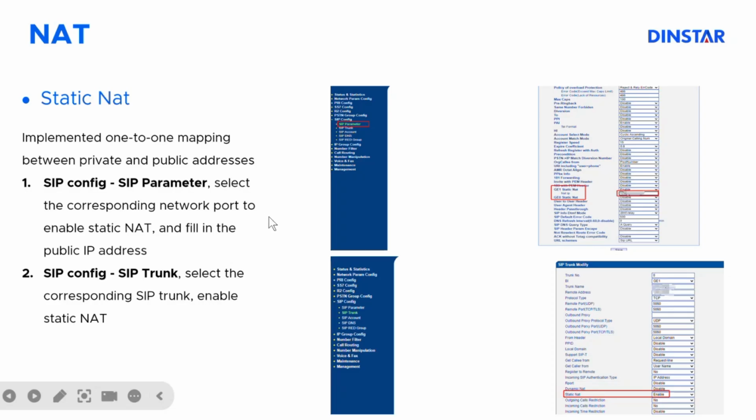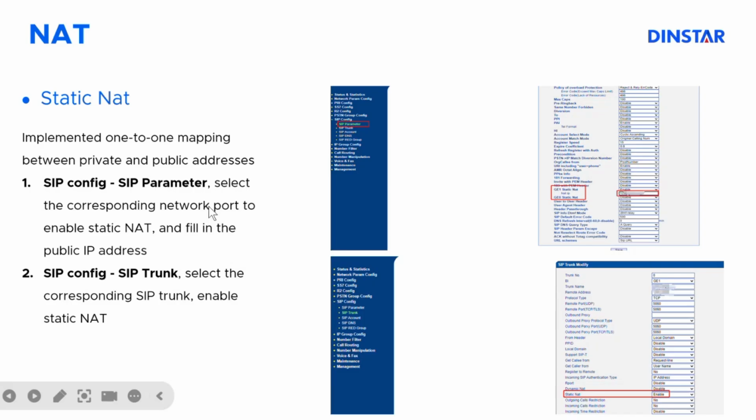For example, if the MTG sends a private IP, the public server may not recognize it, which can cause call failures. But if we provide a public IP, the communication will work properly. This feature is mainly used to ensure compatibility with public network platforms.